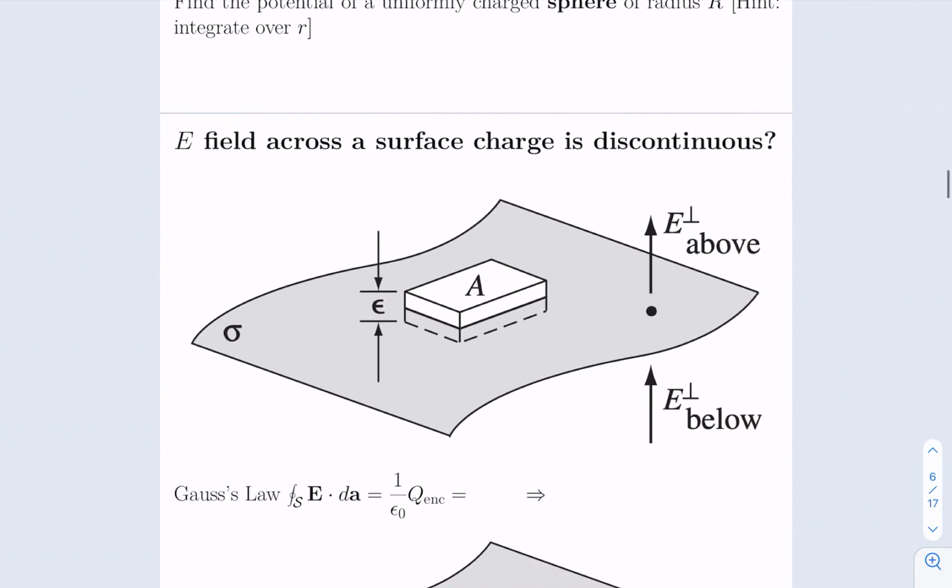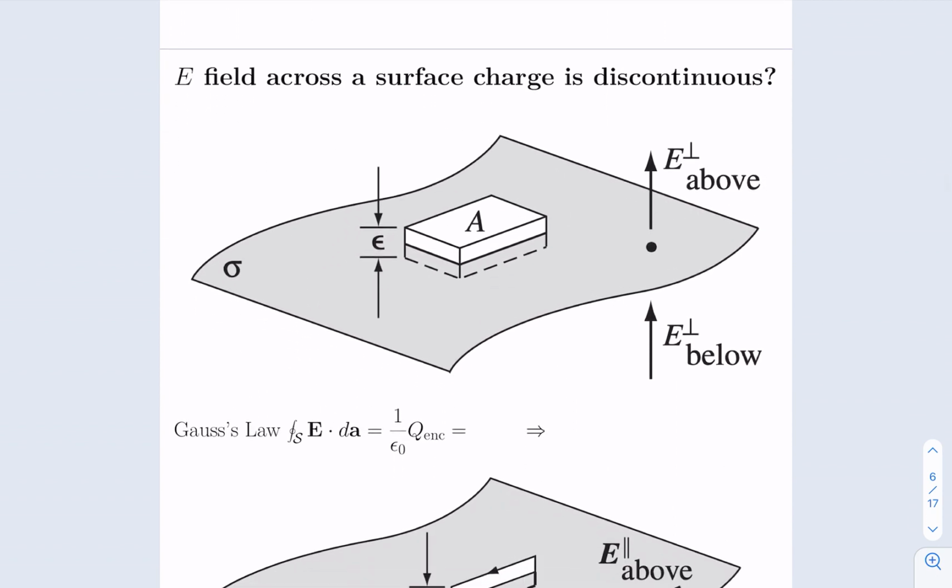To get this, we can simply use the integral form of Gauss's law. Here we can design our Gaussian surface as a pillbox. The size can be large, but the height should be really small, and we take the limit of epsilon going to 0.